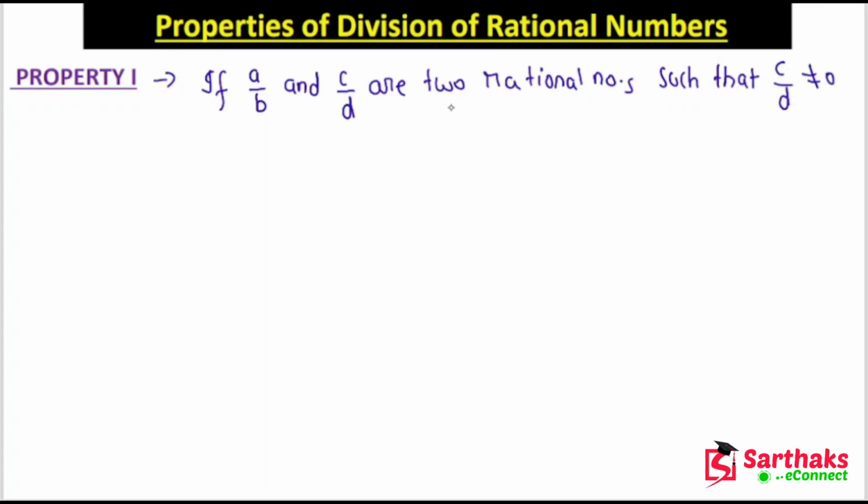Why do we have to see that? Because if you are going to divide A upon B by C upon D, then C upon D will act as a denominator, and denominator should not be equal to 0 because division by 0 is not defined, right?